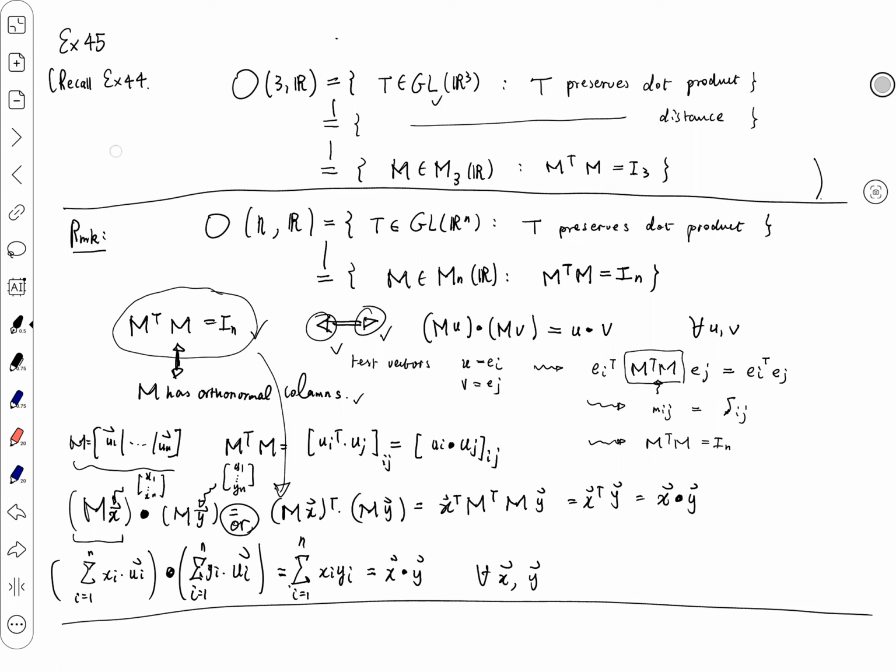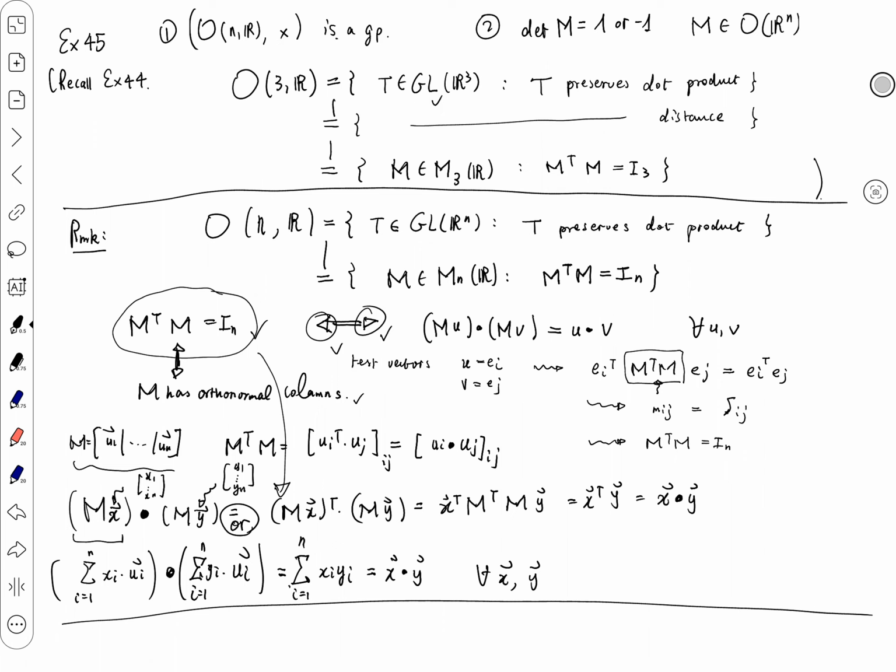So exercise 45, we want to show that firstly, this is not only a set but a group with respect to matrix multiplication. Secondly, show that the determinant is always plus or minus 1 for M in this group.